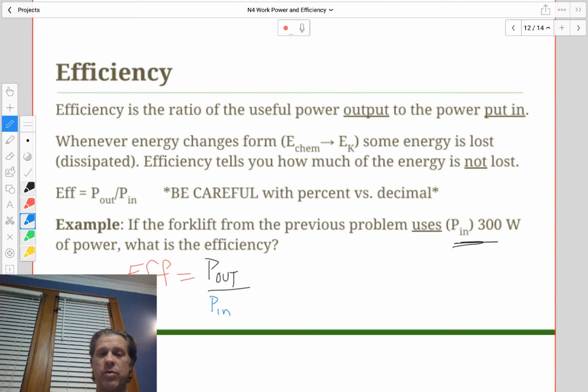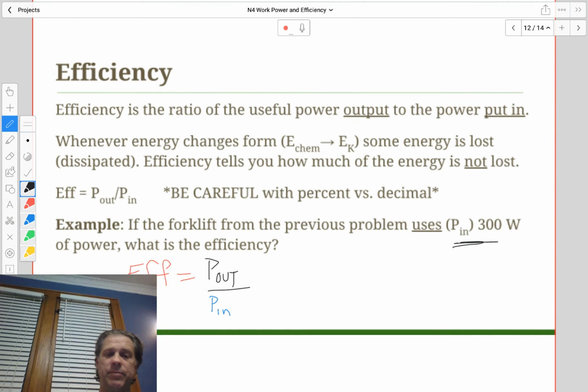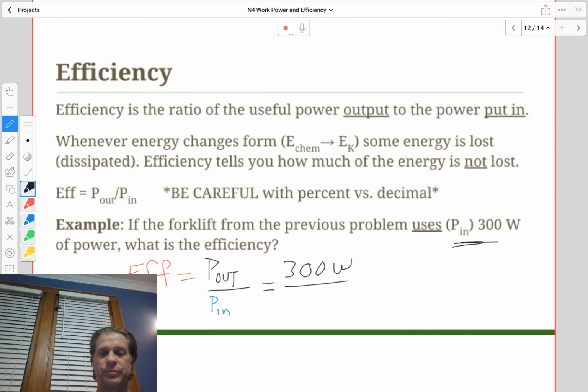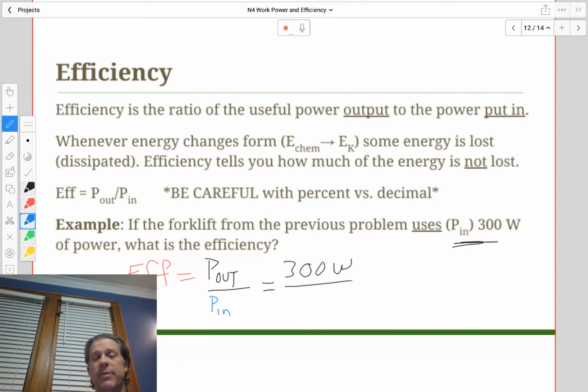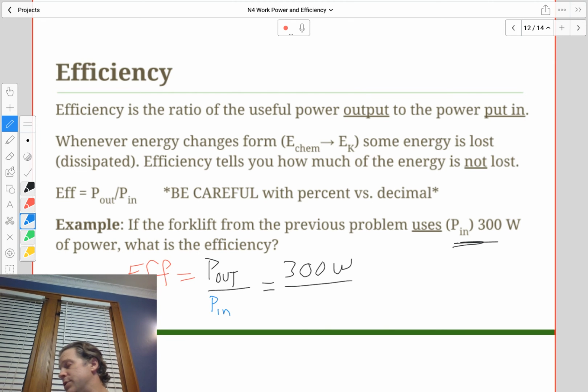Now, power in, we're told in this problem is 300 watts. The power in is coming from the forklift in the last problem.